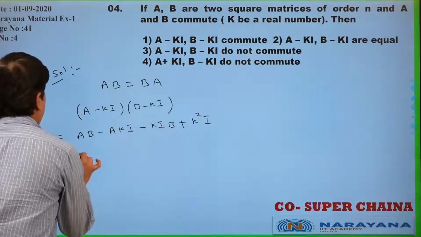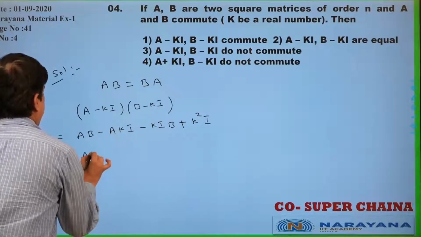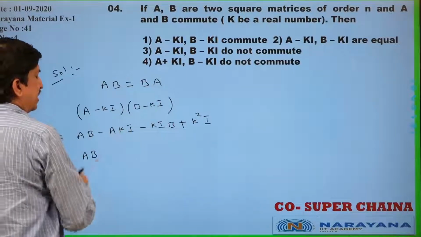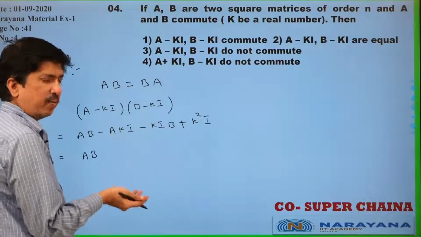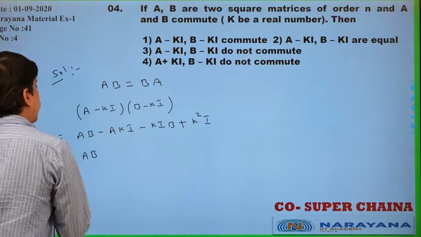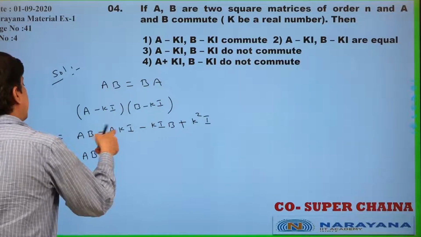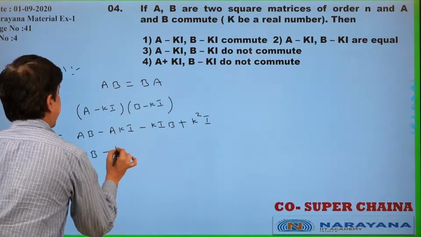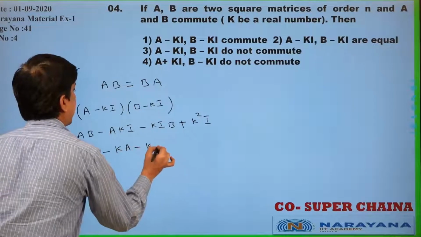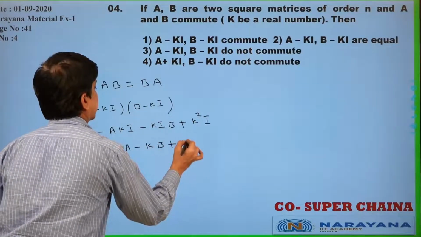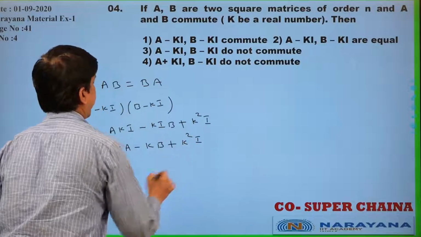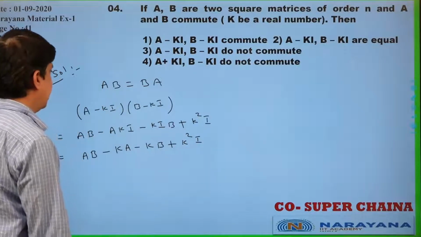Now this is equal to AB. A into K, K is a scalar, A into I is nothing but A only. So minus KA you can write, minus KB you can write, plus K square I, which is a matrix. Is it clear or not?